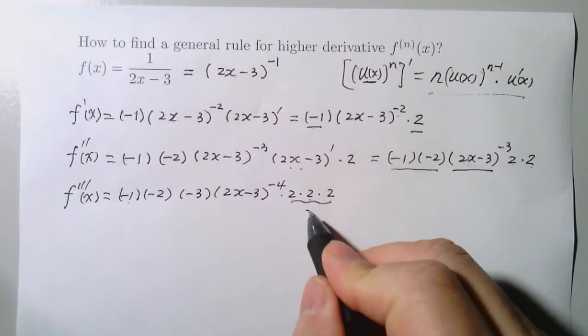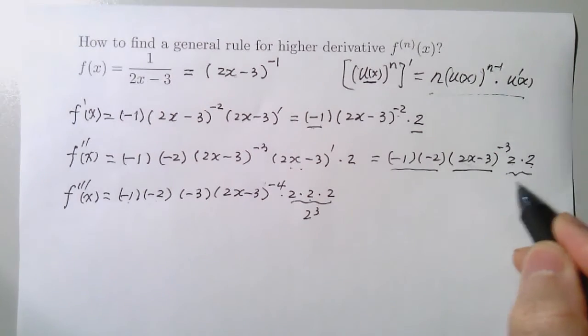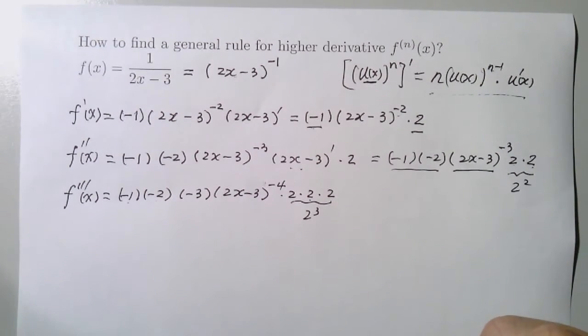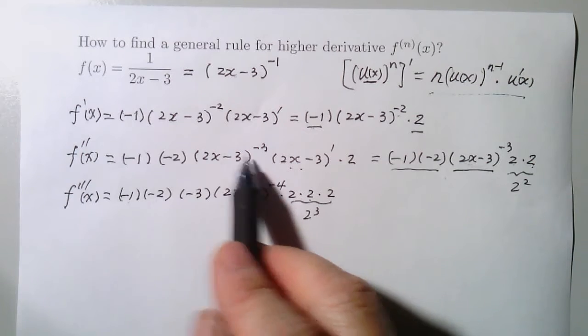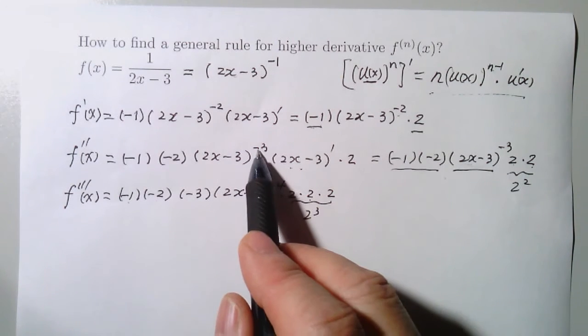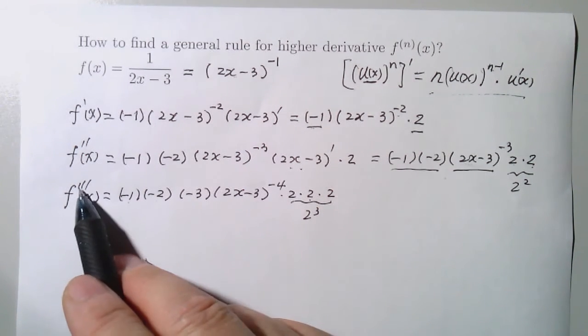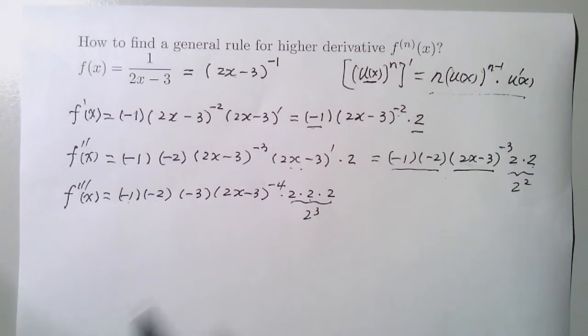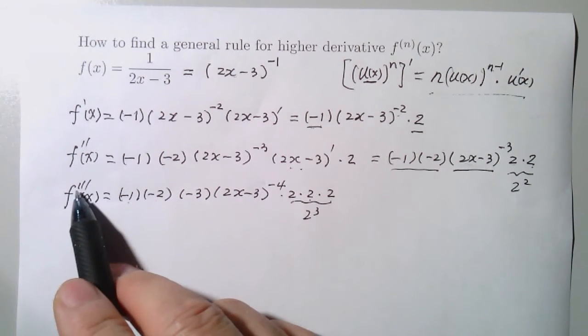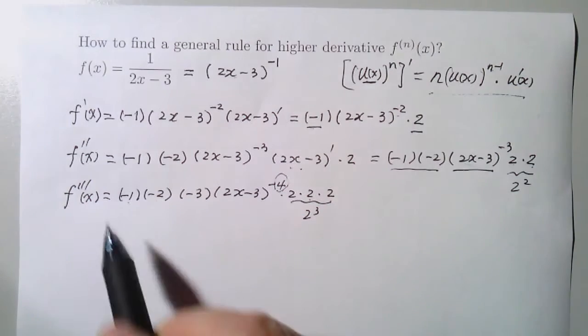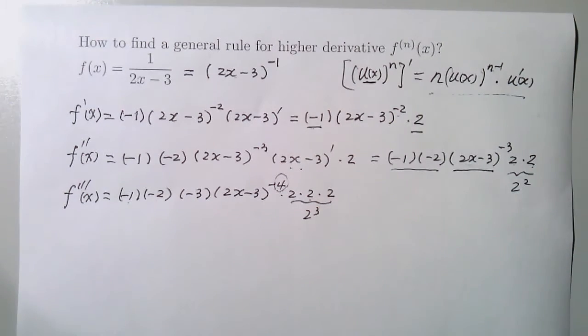You can see this is 2 to the third, and this is 2 squared. Also look at the exponents. If this is 2, this is -3. This is 3, this is -4, which means the exponent is negative, and that number is one more than the order of your derivative.